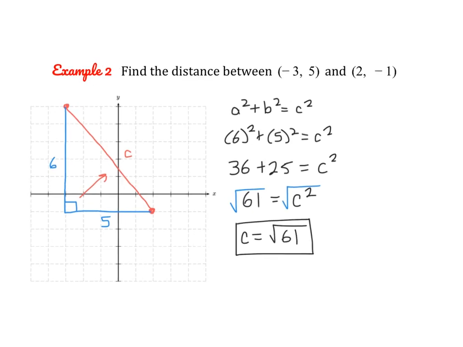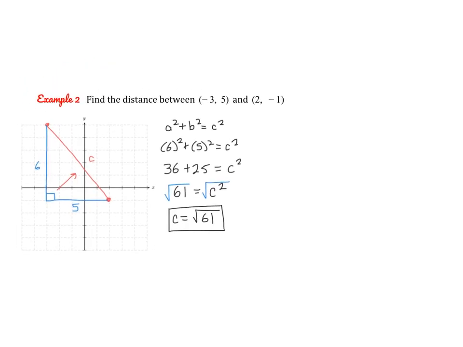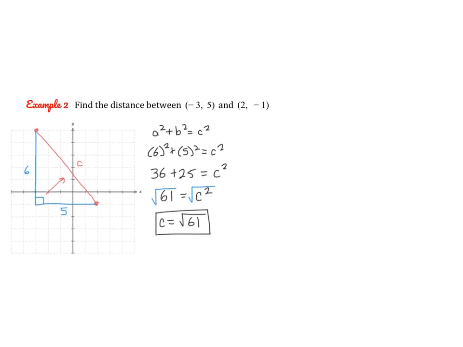Okay, so let's see if we can solve for this distance using the distance formula now. So remember, our distance formula, every time we're going to start by writing the formula, is the square root of (x2 minus x1) squared plus (y2 minus y1) squared.